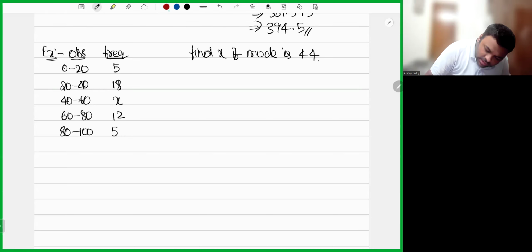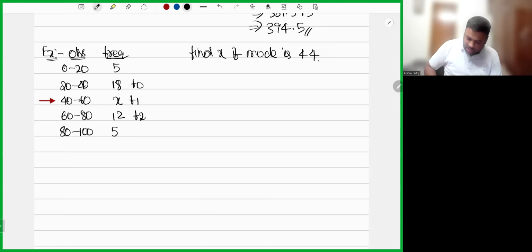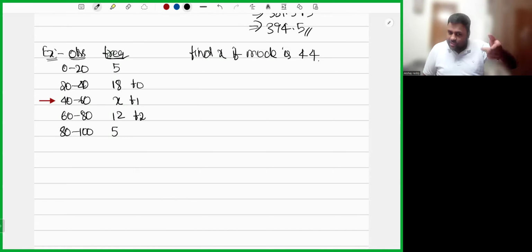Mode is 44, which means obviously 40 to 60 will be your modal class. So this will be F1, F0, F2. Sir, you are solving the whole question. No, let me solve. In the homework session, I'll give you one question, a little more complicated.